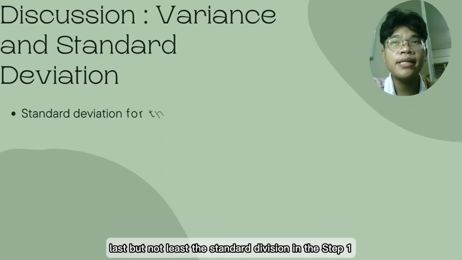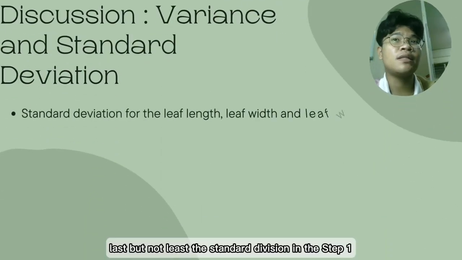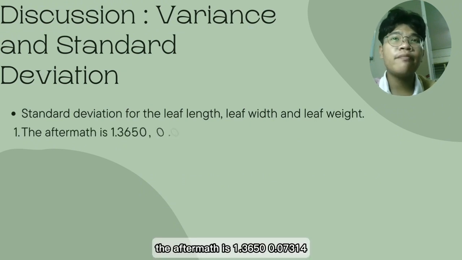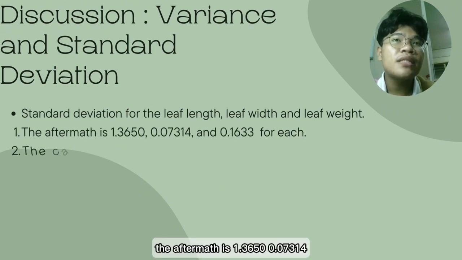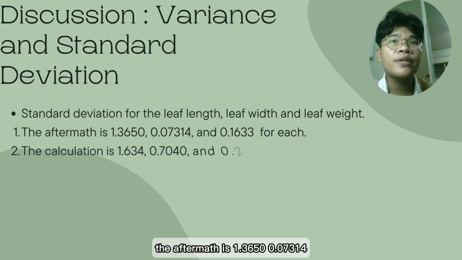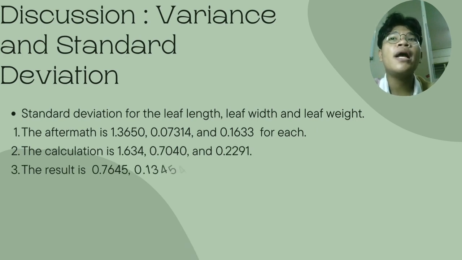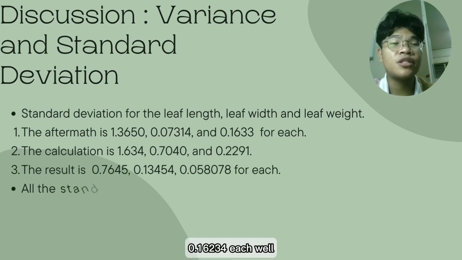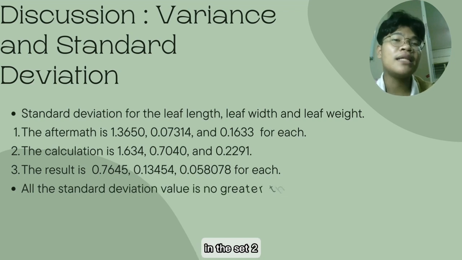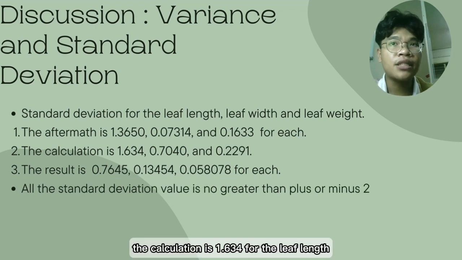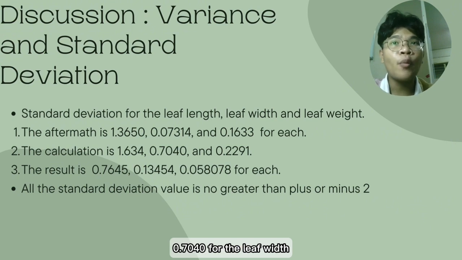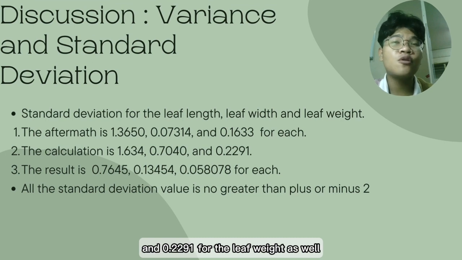Last but not least, the standard deviation. In set 1, the result is 1.3650, 0.07314, and 0.1633 for each. While in set 2, the calculation is 1.634 for the leaf length, 0.7040 for the leaf width, and 0.2291 for the leaf weight.